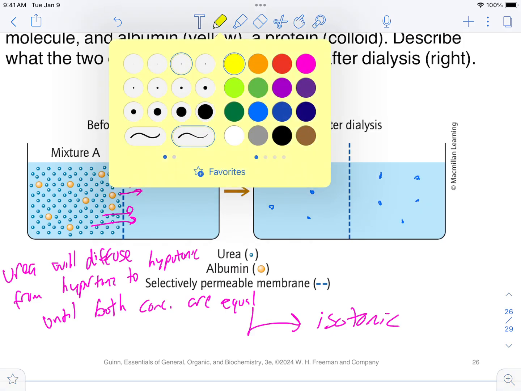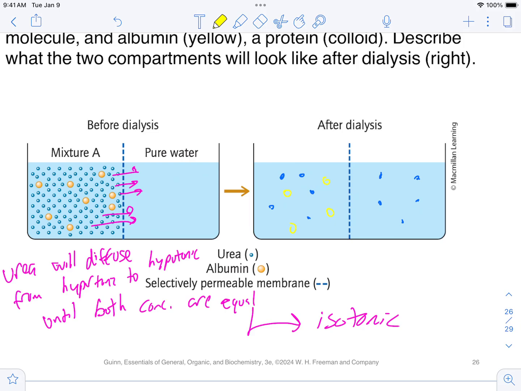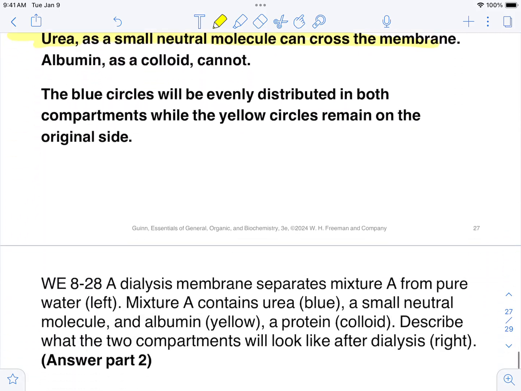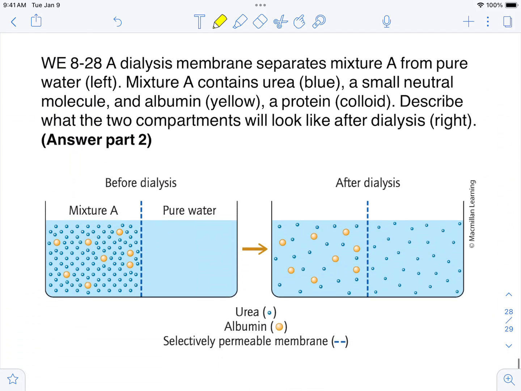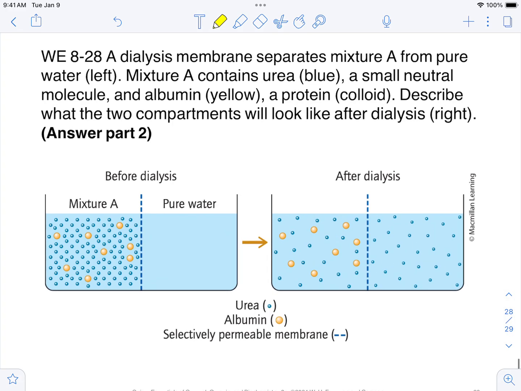And then the yellows wouldn't change. And it would look something like that. There it is.